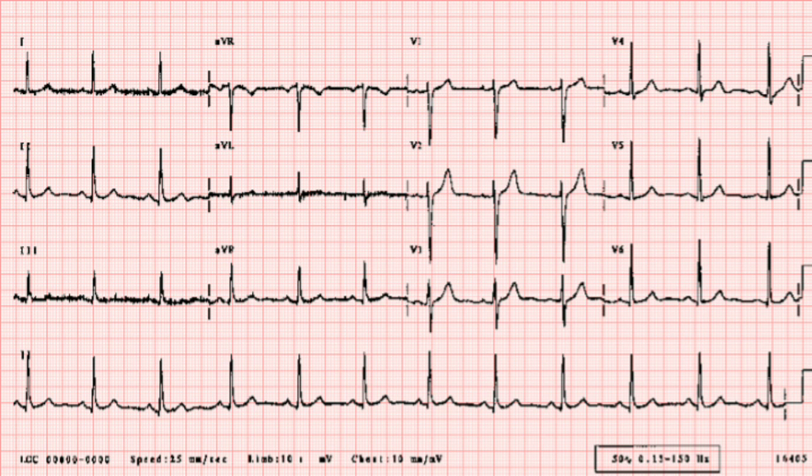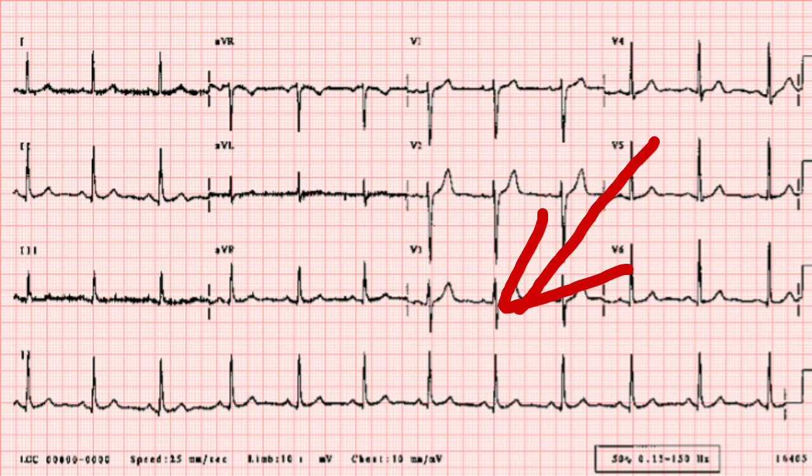How can you do that? One small box in duration is equal to 0.04 second. One large box, which contains 5 small boxes, is equal to 0.04 into 5, which is 0.20 second. So if you select 5 large boxes, then 5 into 0.20 will be 1 second.